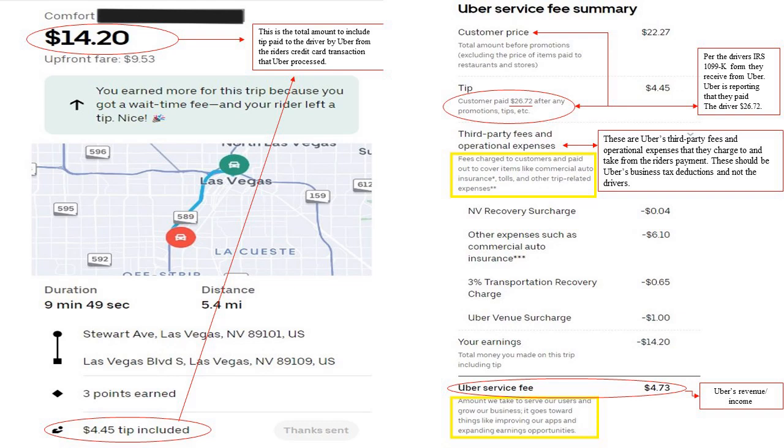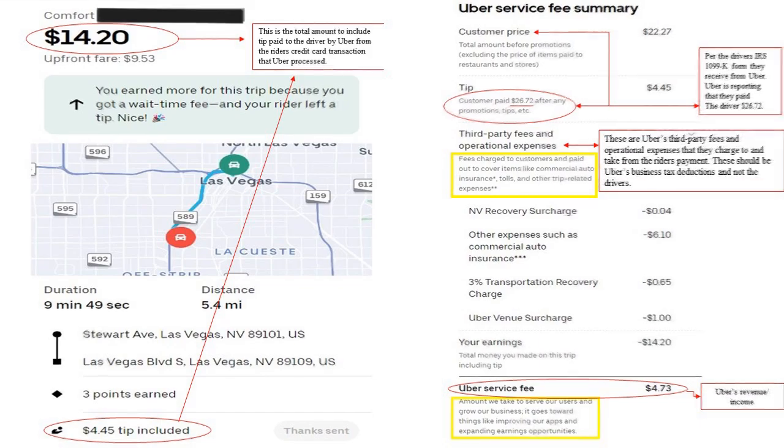As we see here, the Uber service fee of $4.73 is, as defined here, the amount we take to service our users and grow our business; it goes toward things like improving our app and expanding earnings opportunities. This is actually Uber's revenue and income, which if they choose to reinvest into their business to grow it, that is their business decision.